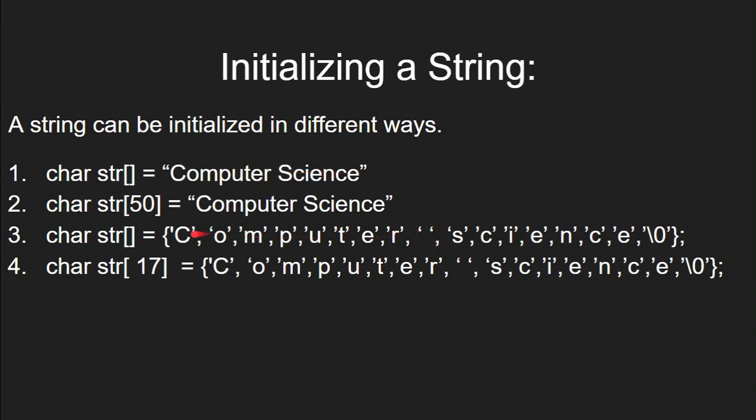This is the way to define the string of characters, and you can see at the end of the string there is a null character. This is the difference between declaring the array as a string or as an array of characters, and you can also see this is enclosed by curly braces. Otherwise the same thing can be done with the size also. So there are four different ways of initializing the values of a string.